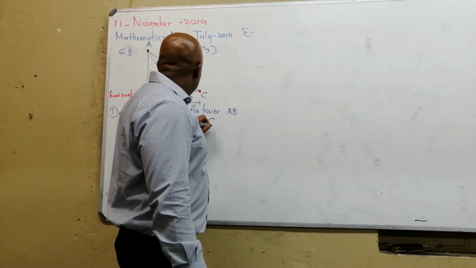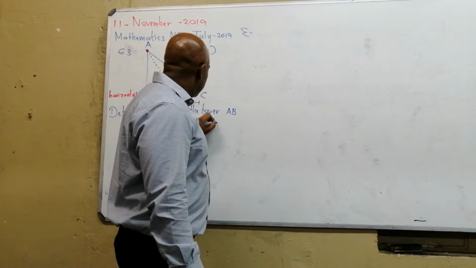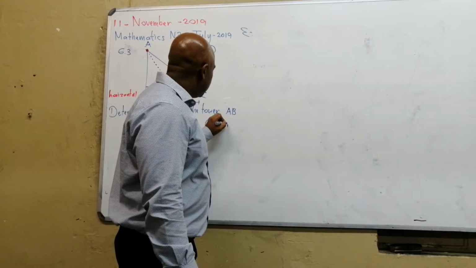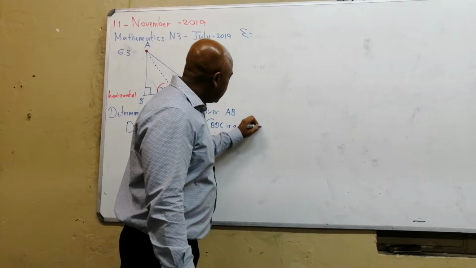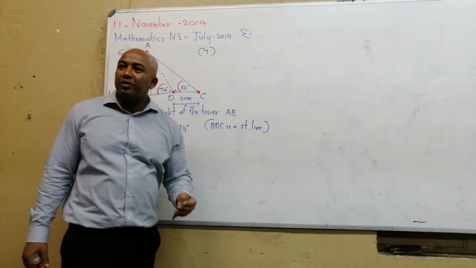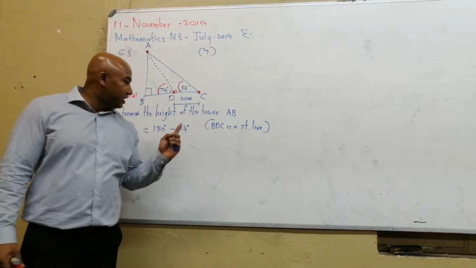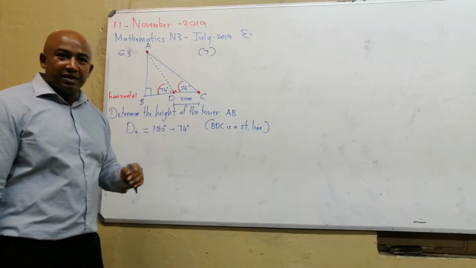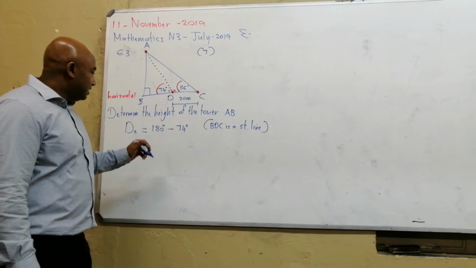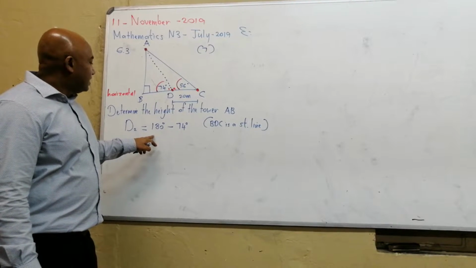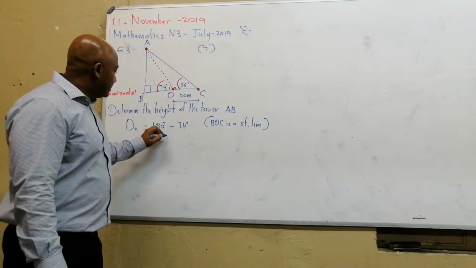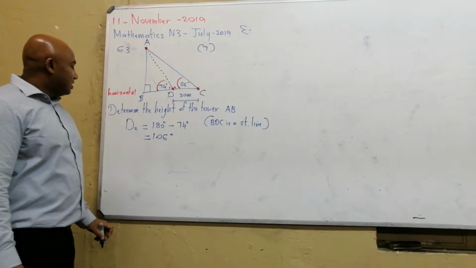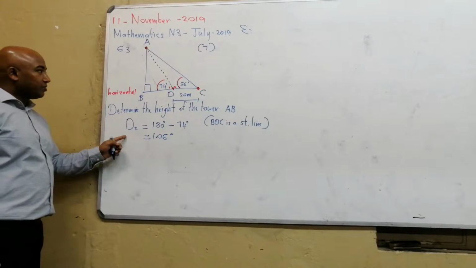The reason there is BDC is a straight line. That is the reason why you are subtracting 180 minus 74. Okay, there must be a reason for everything that you are doing. So 180 minus 74 is 106 degrees. So I'm calling it D2.